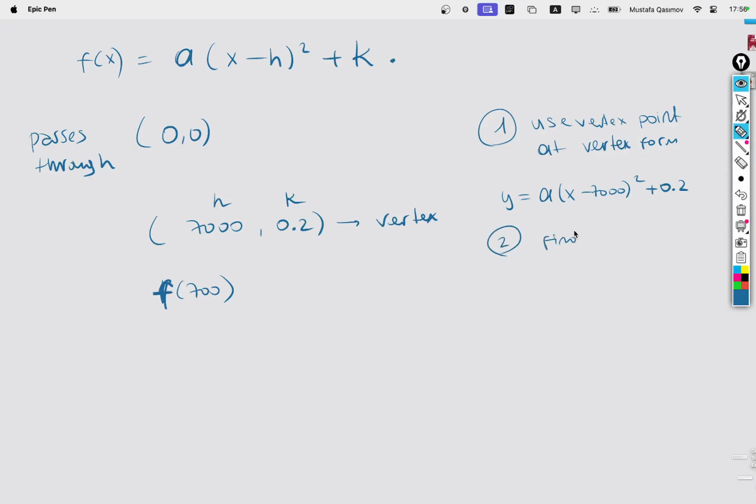Okay, the second one, find a. How can we find a? Use the other point. 0 is equal to a multiplied by (0 minus 7,000) squared plus 0.2. Then a is equal to negative 0.2 over 7,000 squared.